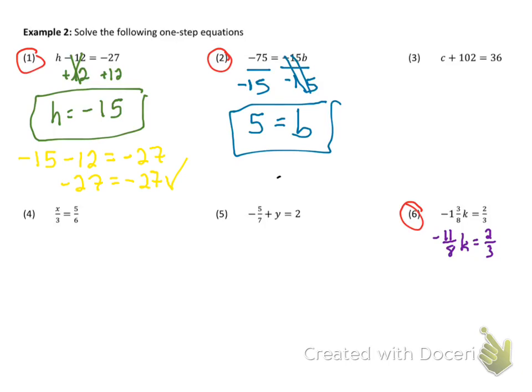Oops, sorry about that. I need to multiply by the reciprocal. And when I do that, k equals negative 16 over 33.